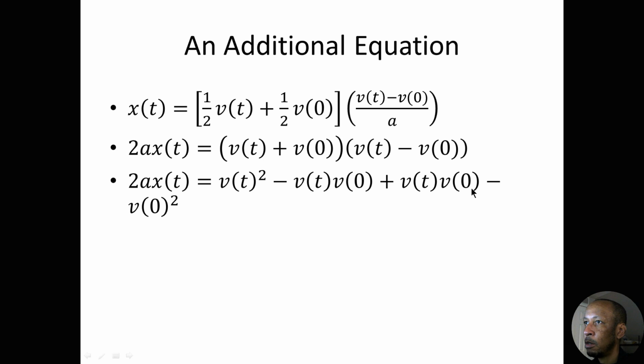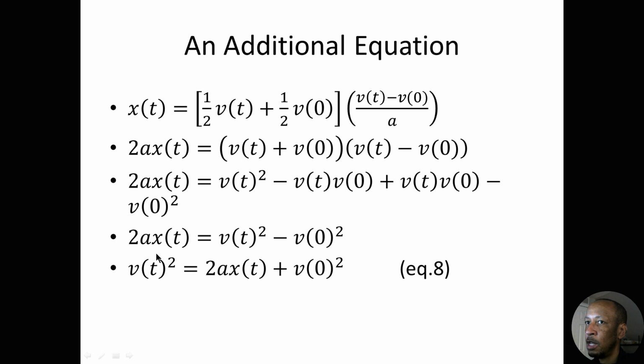So these two in the middle cancel out. These second and third terms cancel out. And then I have 2a x of t equals v of t squared minus v of 0 squared. Then I just isolate v of t squared, and it gives me 2a x of t plus v of 0 squared. That's equation 8.